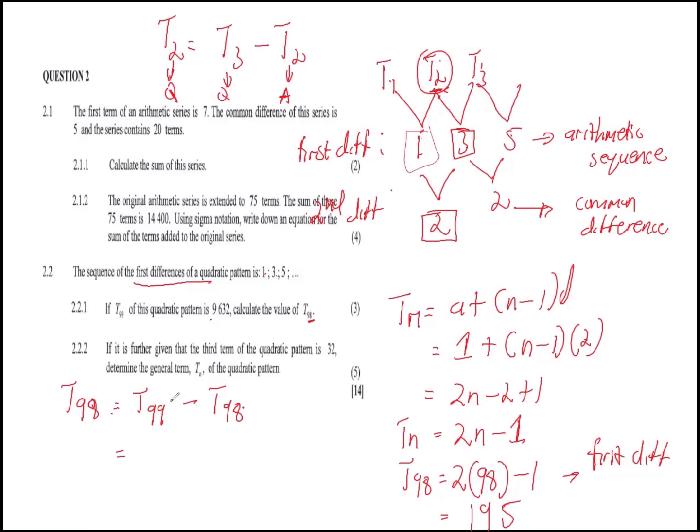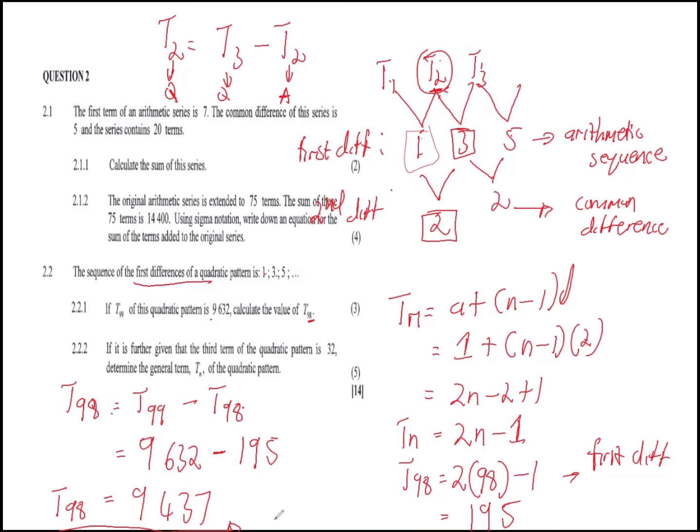So T98 of the quadratic is T99 of the quadratic minus T98 of the arithmetic. So this is 9,632 minus 195, and then I get 9,437. So that's my T98.